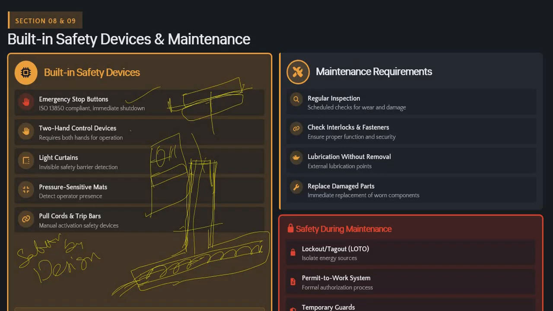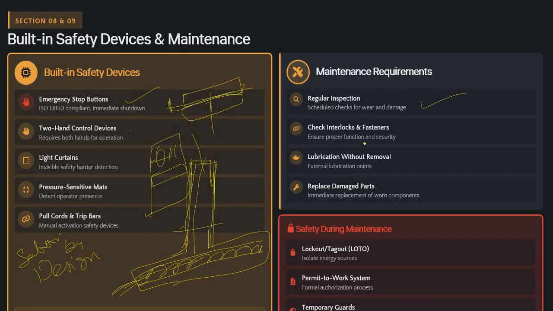Whenever you are designing machinery, whenever you are doing risk assessment, always look at this. And when it comes to maintenance, regular inspection has to be done for the guarding, because people will try to bypass the interlock guards, remove the fixed guards, or after doing the maintenance they will not refit the guards.